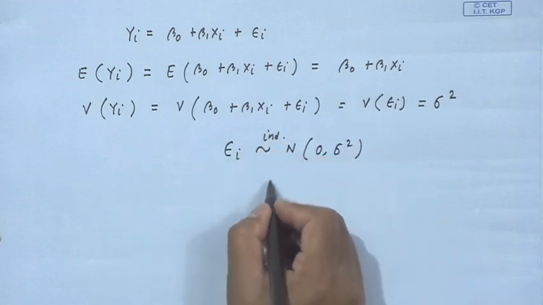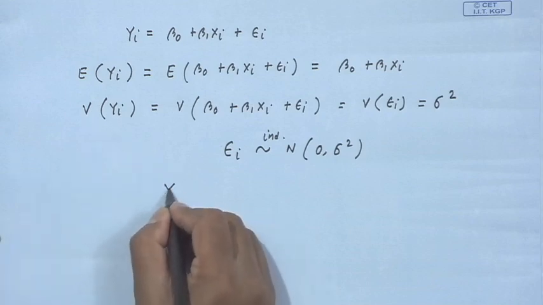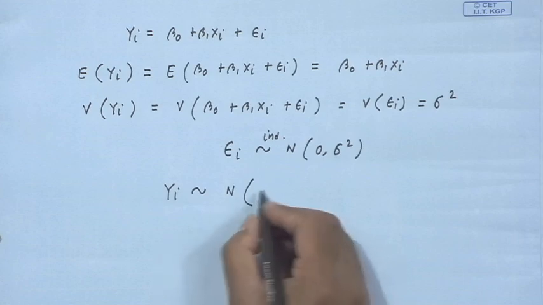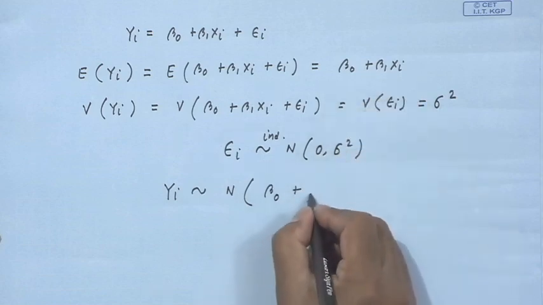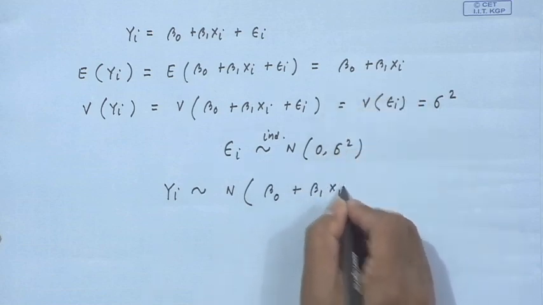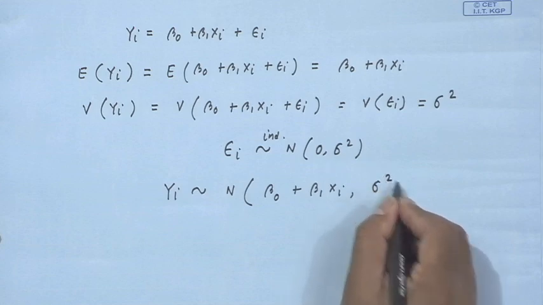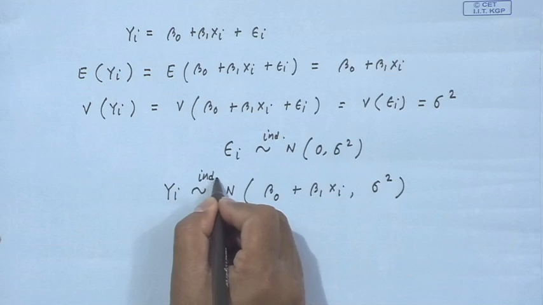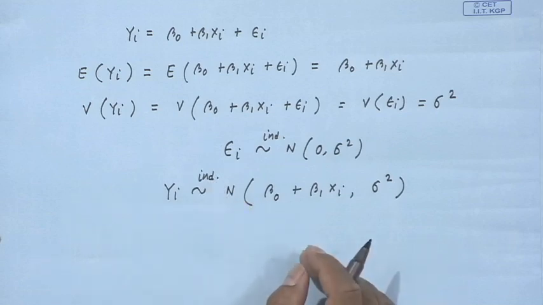The consequence of this in terms of the response variable y is that y I follows a normal distribution with mean beta naught plus beta 1 x I and variance sigma square, and they are also independent.